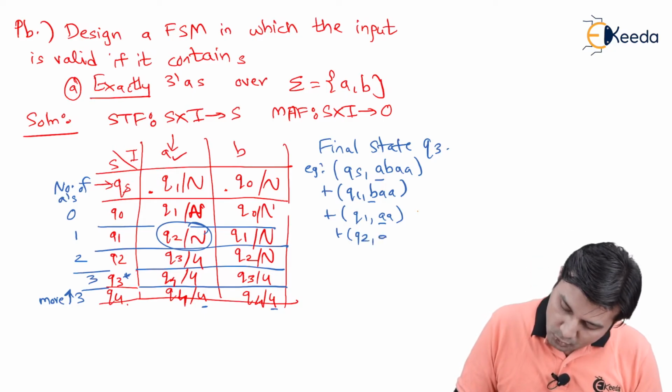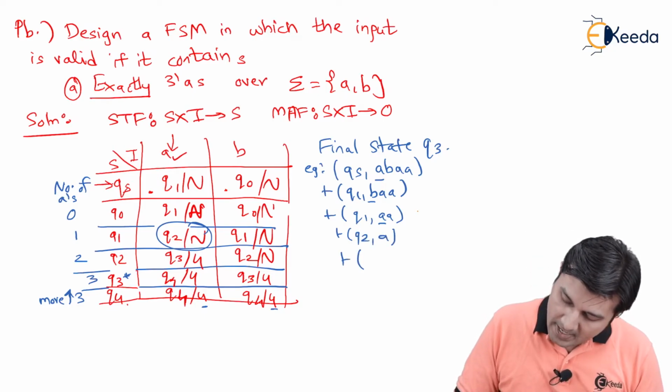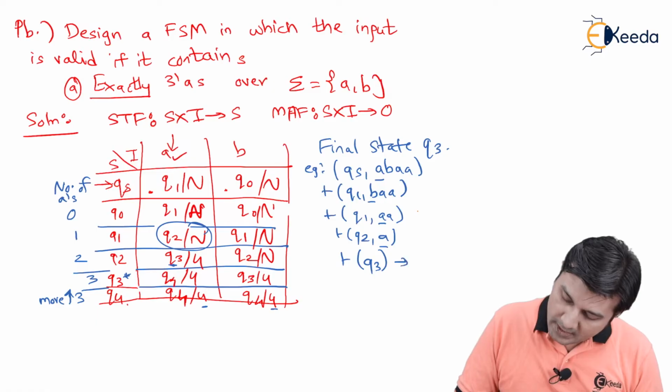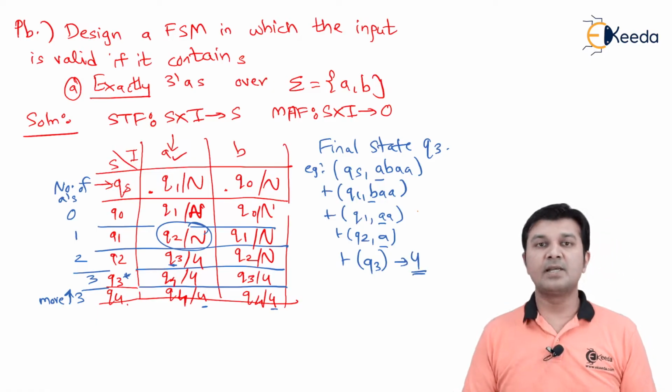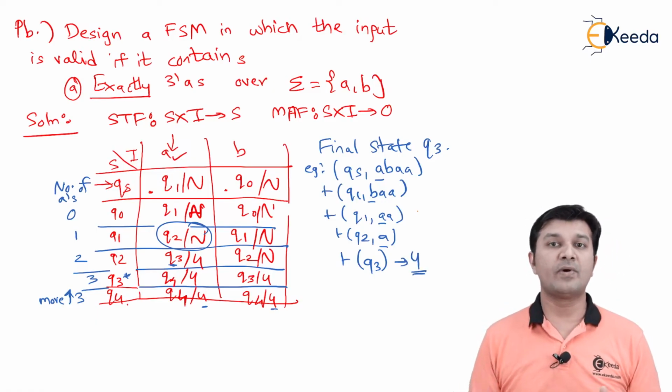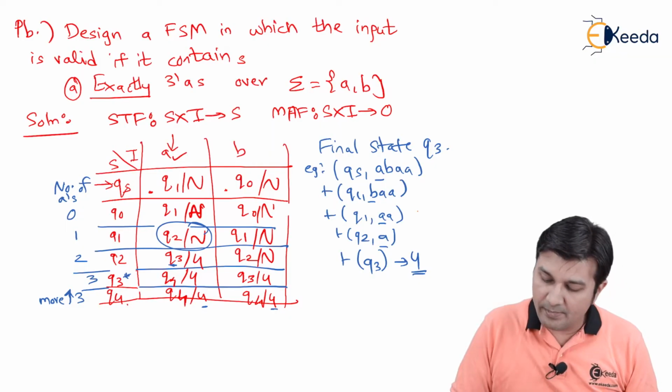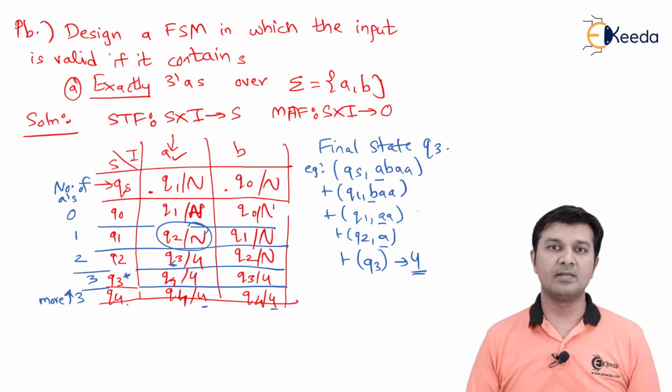So I have Q2 followed by single A, and lastly Q2 on receiving an input symbol A goes to Q3, and we know that Q3 is the final state and therefore the output thrown by the final state is always yes. So this input will be accepted because the number of A's in the input is exactly 3.